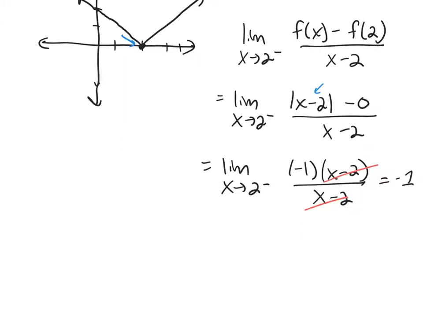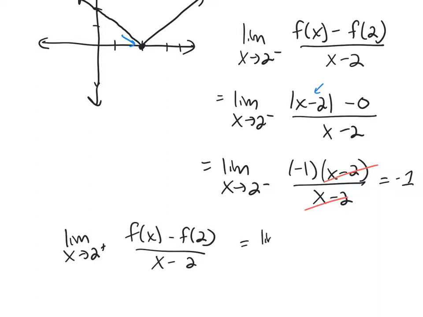Now let's look at the limit on the right-hand side. The limit as x goes to 2 from the right. Well, if I'm looking at the right, let's plug in: this is the absolute value of x minus 2, minus 0, over x minus 2.